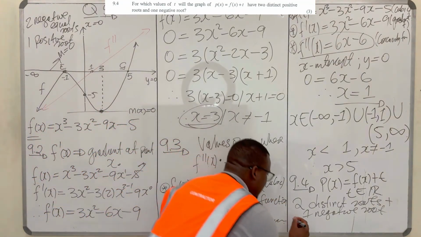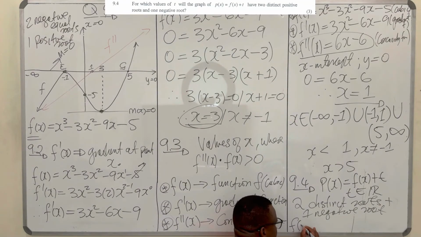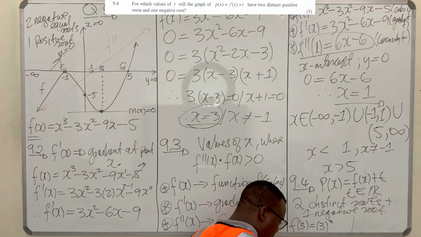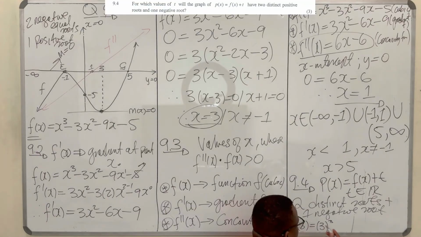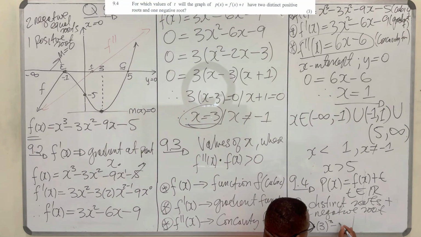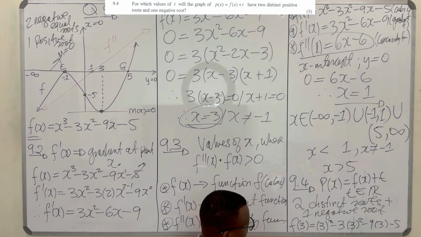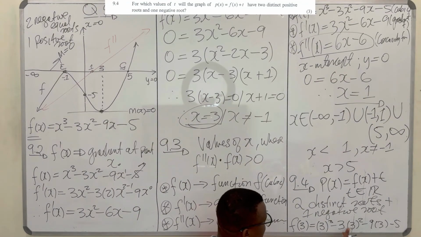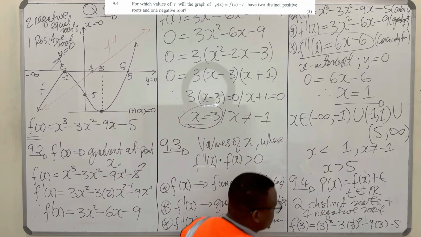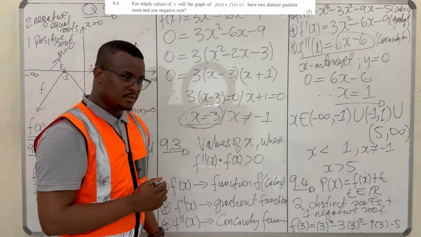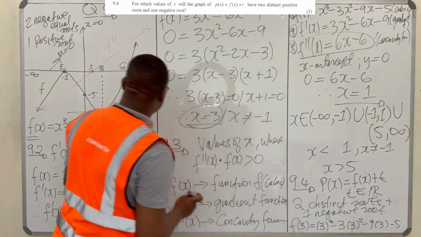So what we can do, we can say f at 3 is equal to 3 cubed minus 3 into 3 squared minus 9 into 3 minus 5. What is the value of this? Minus 32.